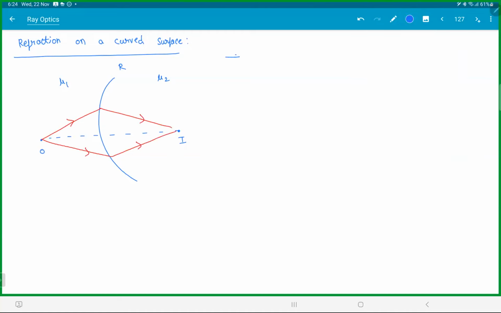This is the formula. Do copy it down. mu2/v minus mu1/u is equal to (mu2 minus mu1)/R. So this is the formula here. And magnification m is given by minus mu1 v / mu2 u.